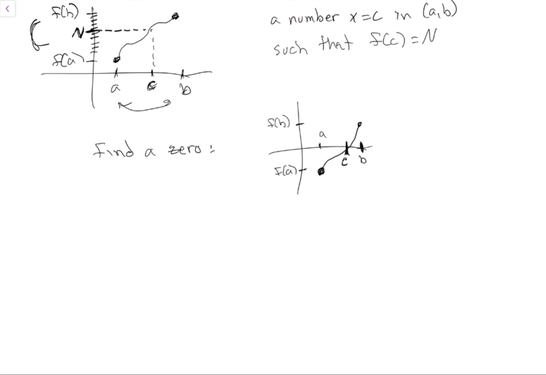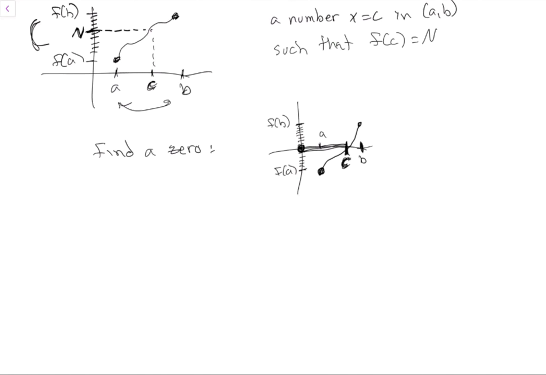And since f is continuous, we know that it has to take on all the y values between f(a) and f(b). And there's going to be at least one time it takes on the y value of 0, and that will be at x equals the root, x equals c. So that's how we're going to utilize that in this example.